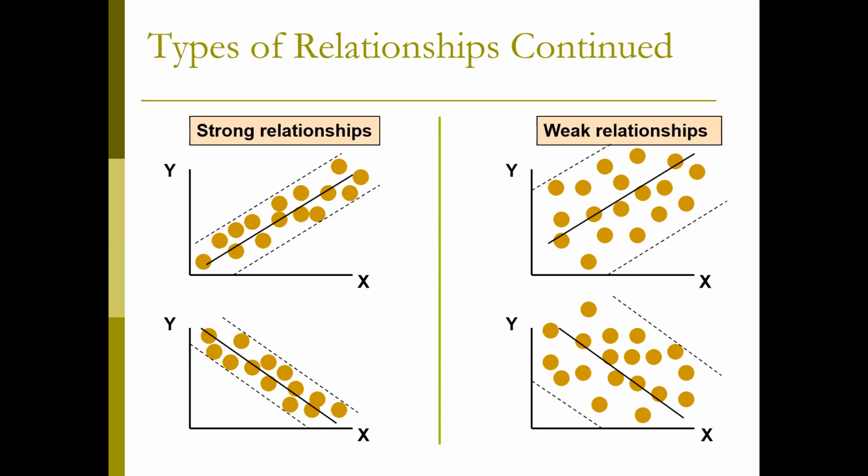Now, there's what we call a scatter diagram. The scatter diagram is a diagrammatical plotting of the response against the predictor variable.